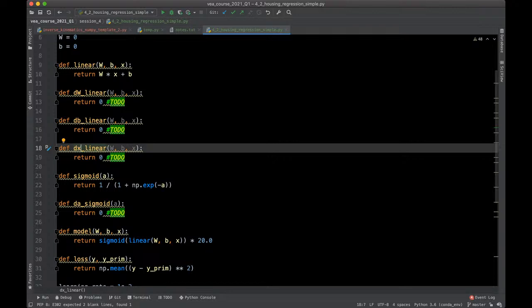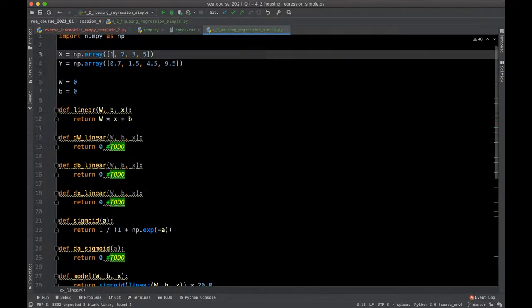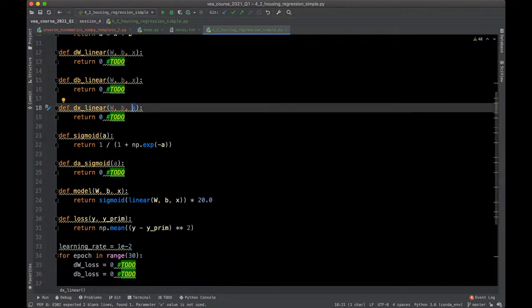And the idea is that you don't want to change the x if this is your input variable. It doesn't make sense if you change the number of floors, right? But it makes sense if the linear layer is inside your model, in the deeper layers, where the x is actually not the x, but some kind of hidden state value.